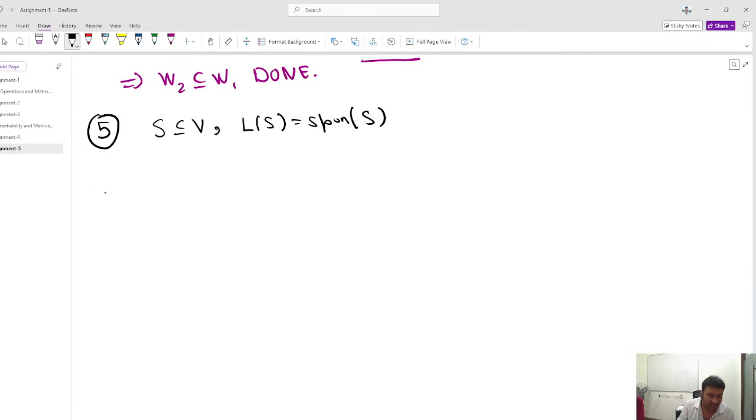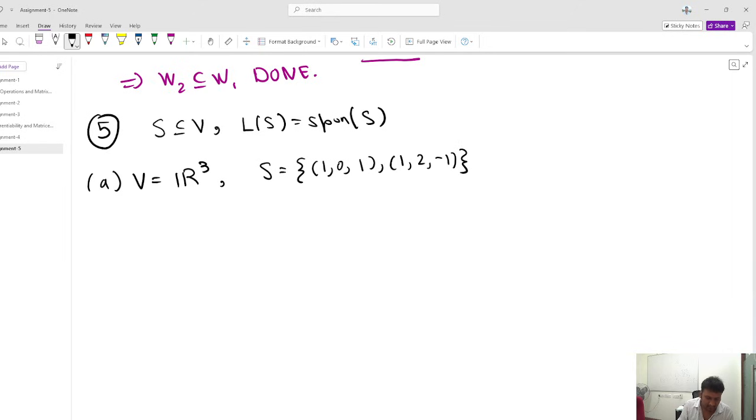What we are asked to do: part A, let V equal R3 and S equal to (1, 0, 1) and (1, 2, -1).